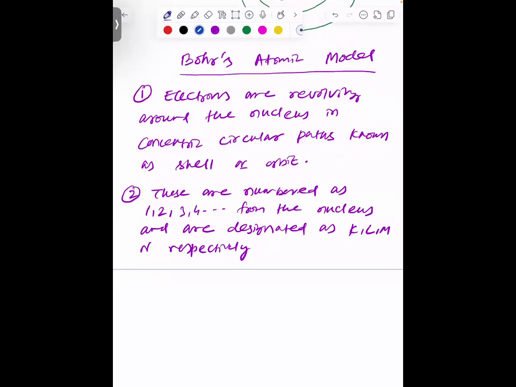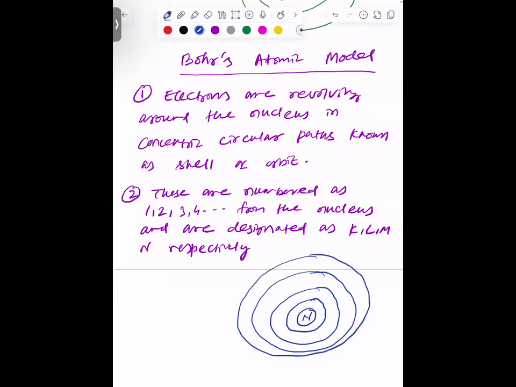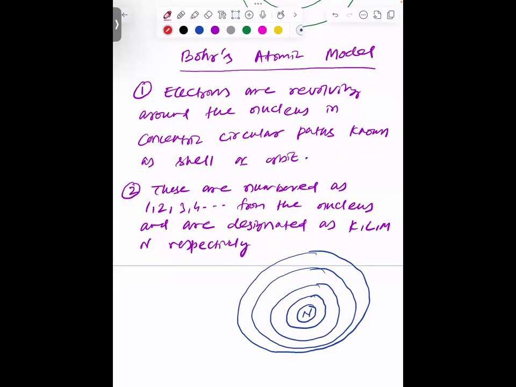That means, suppose this is the nucleus. The concentric circular paths present around the nucleus can be numbered as 1, 2, 3, 4 and the designations are K, L, M, N. So quickly note down, friends. These are numbered as 1, 2, 3, 4 starting from the nucleus and designated as K, L, M, N. I think all of you are writing.